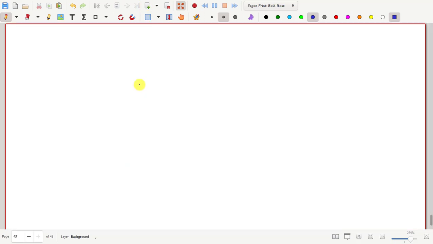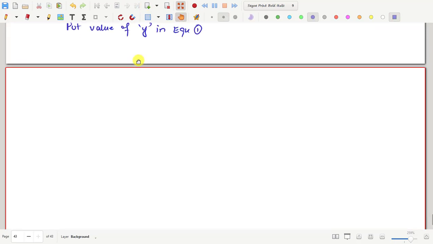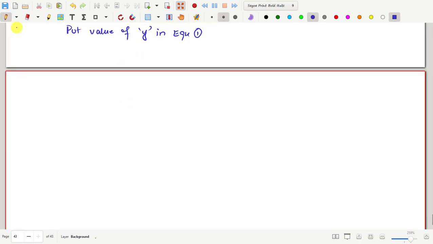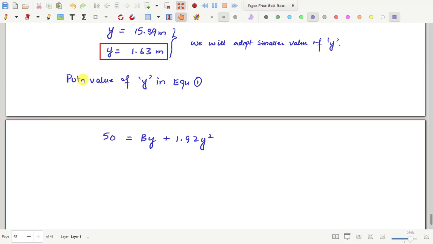Okay, what is equation number 1? What was our equation number 1? Our equation number 1 was 50 is equal to b into y plus 1.92 y square, right? This was the equation. So just put the value of y, which I already got, 1.63.